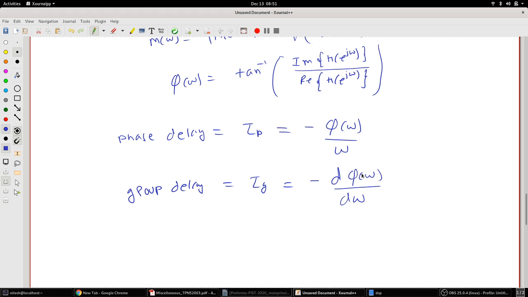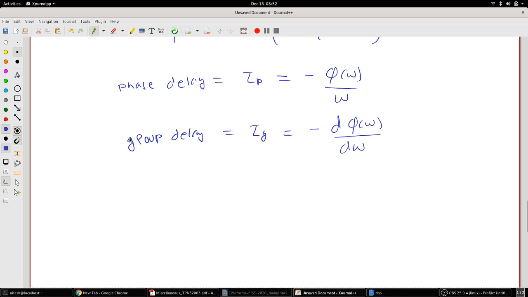Now for a system to have a linear phase response, your group delay and phase delay should be constant. So for a system to have a linear phase response, tau p and tau g have to be constant.